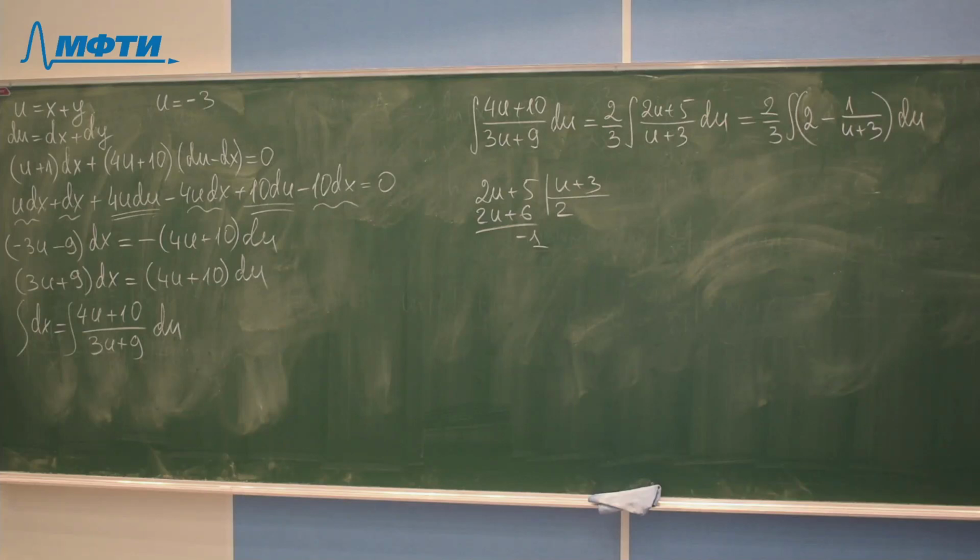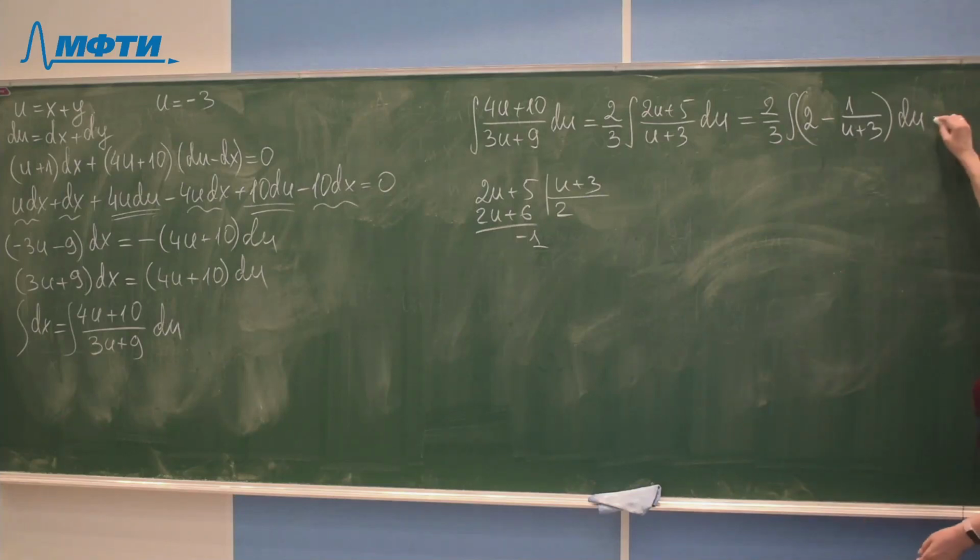Okay, so if the degree of the numerator is greater than or equal to the degree of the denominator, the fraction is improper, we should divide and find the polynomial, the integer part, right?